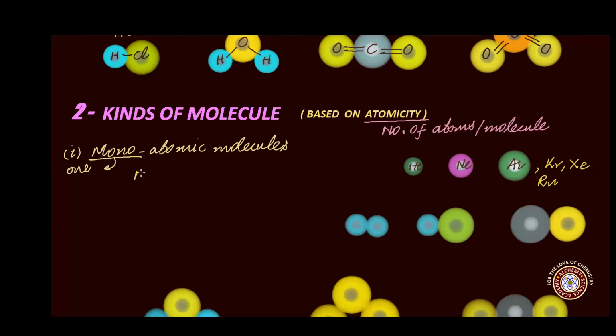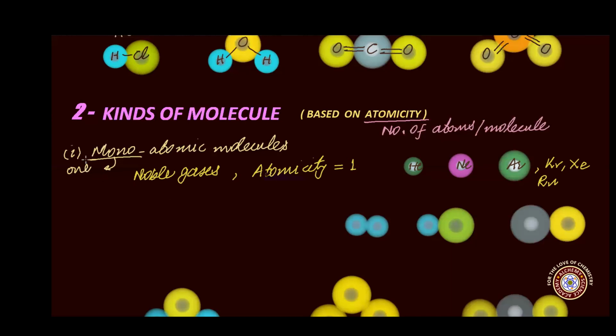All the noble gases exist as monoatomic molecules. Their atomicity is 1, hence they are monoatomic molecules.